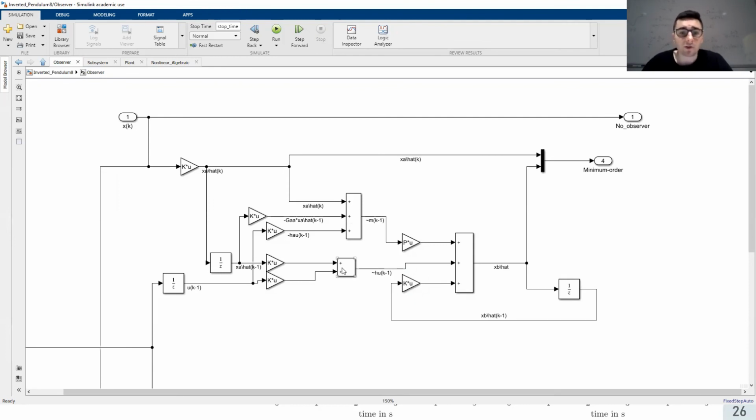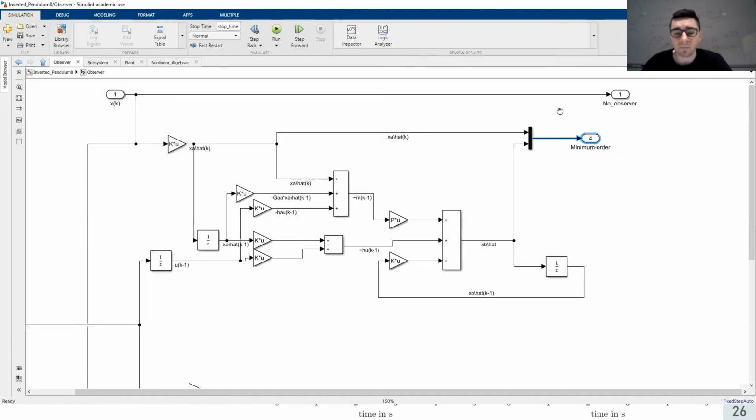And then you have some function of HUK minus 1 or equivalent of HUK minus 1 and equivalent of the measurement. And as you can see, the first part of the states, which I call XA, is directly taken from the observation, okay? This is just the observation, first and second state, and I'm directly feeding it back to the minimum order observer.